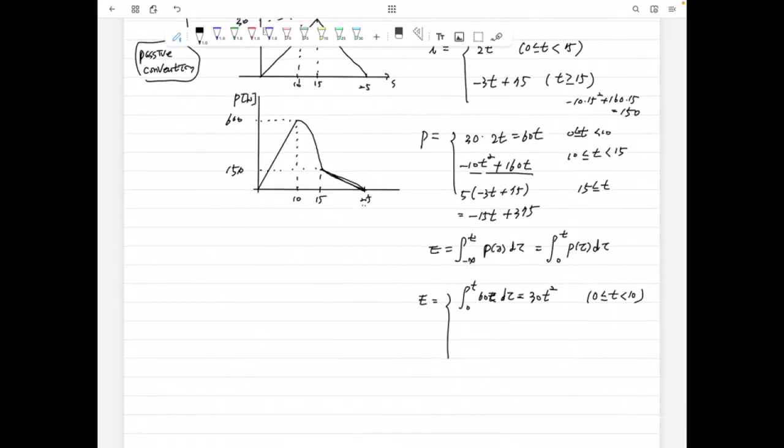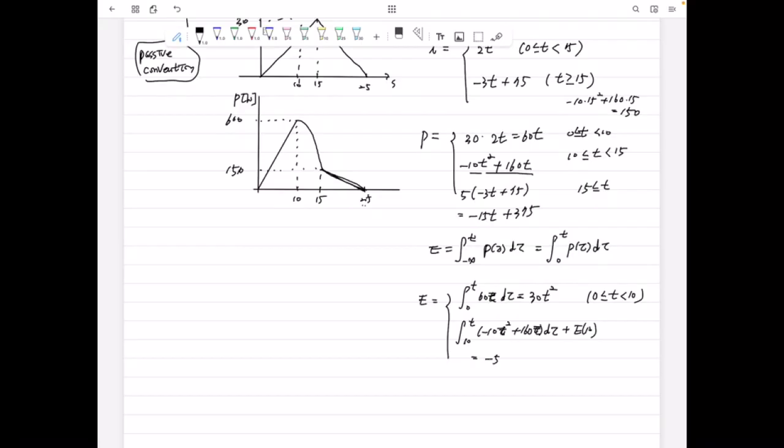Then after that, what happens? From 10 to t, there will be the integral of minus 10 tau square plus 160 tau d tau, plus the energy at t equal 10.